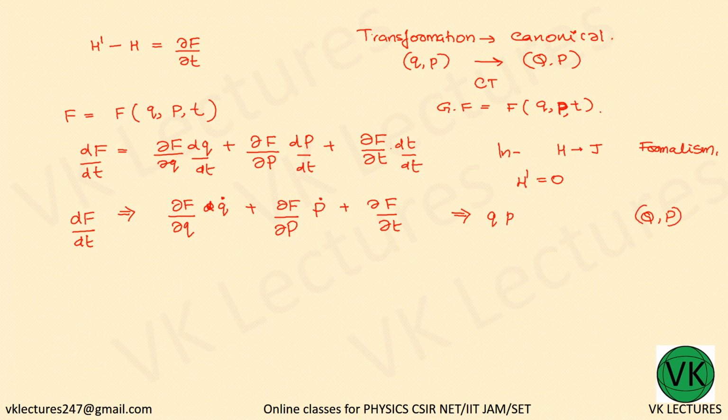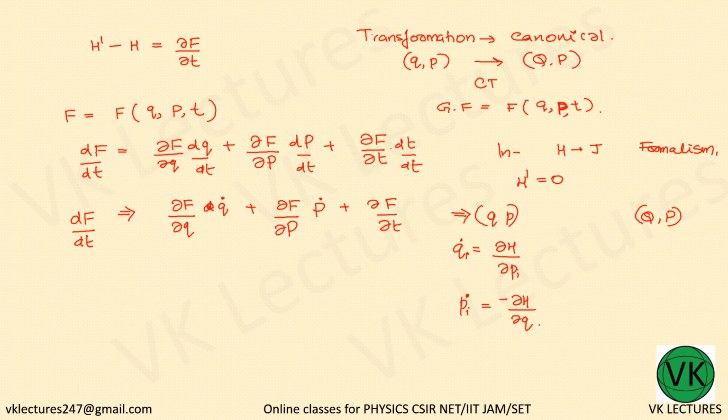In the old system, we have q_i dot equal to ∂H/∂p_i, and p_i dot equal to minus ∂H/∂q_i.